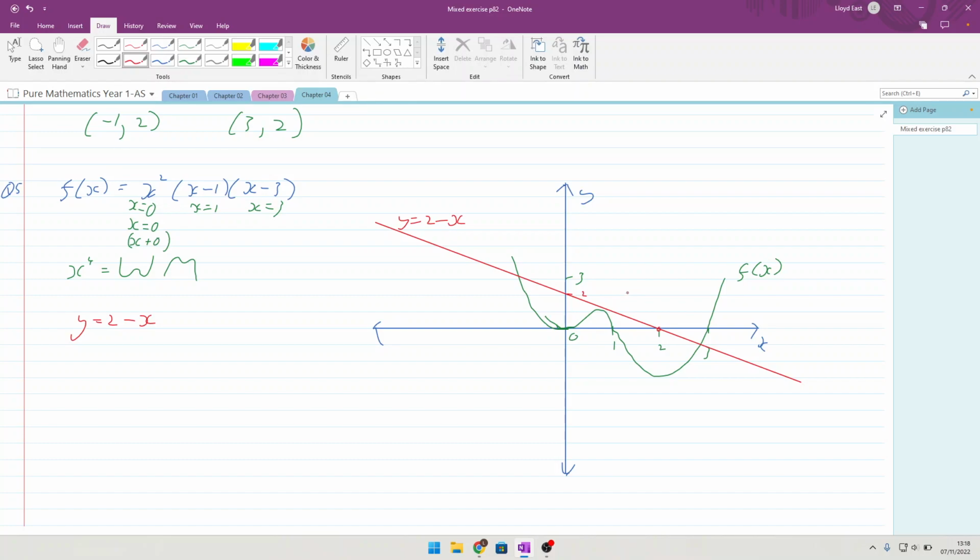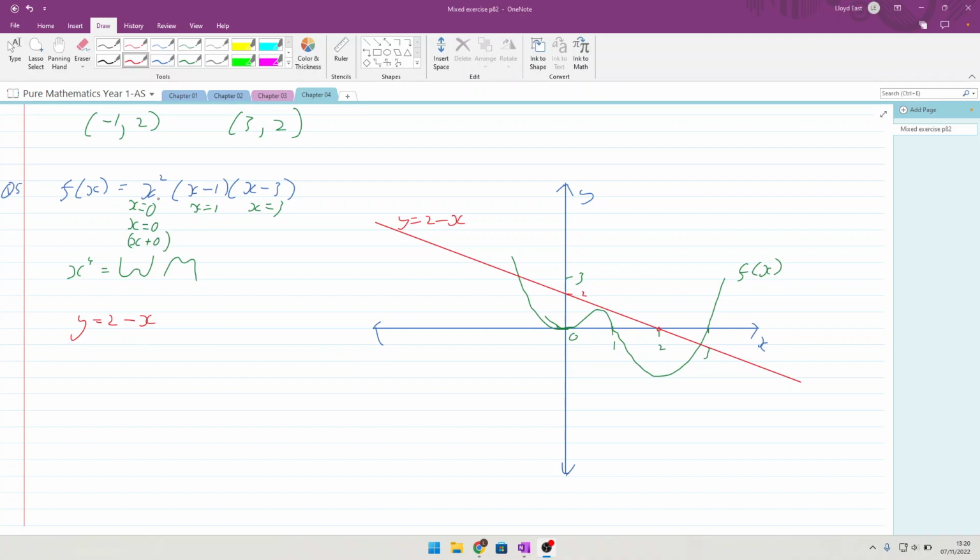Okay, how do we find out? The way we can decide is if we have a look at this point, we know that it's on y equals 0 at these 2 roots here. So between 0 and 1 is the only place that this graph can possibly get and touch this line.